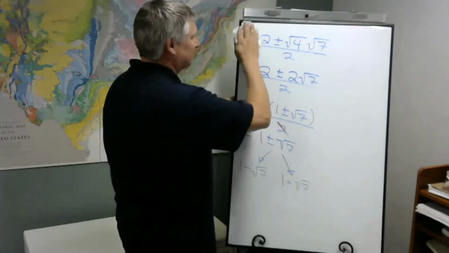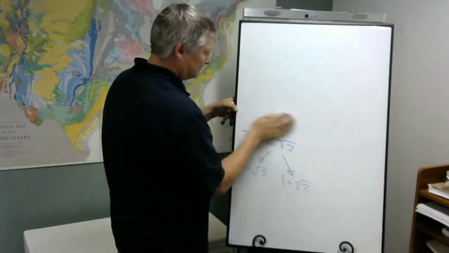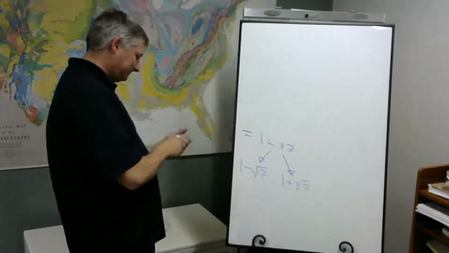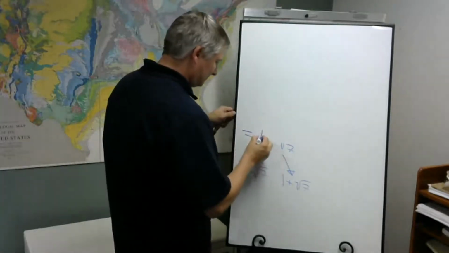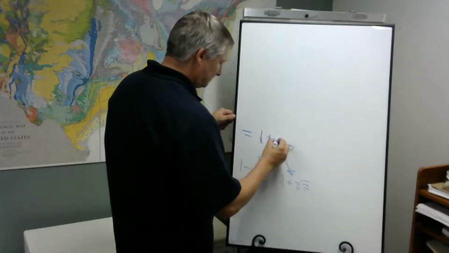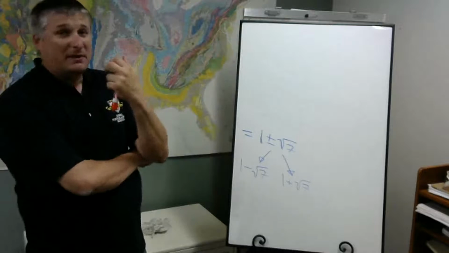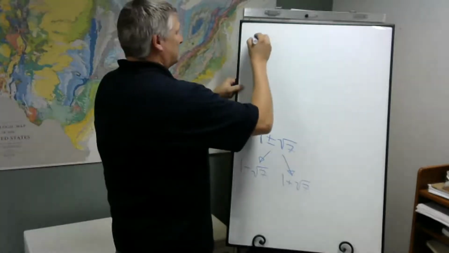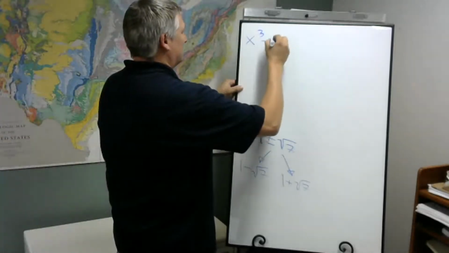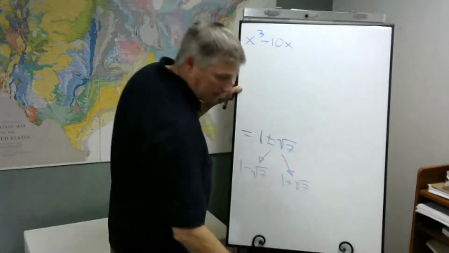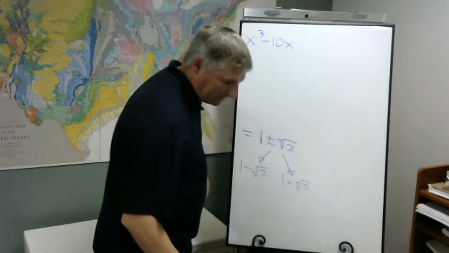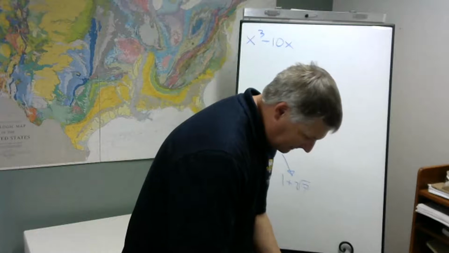Well, what it says is this: the original polynomial, this right here.